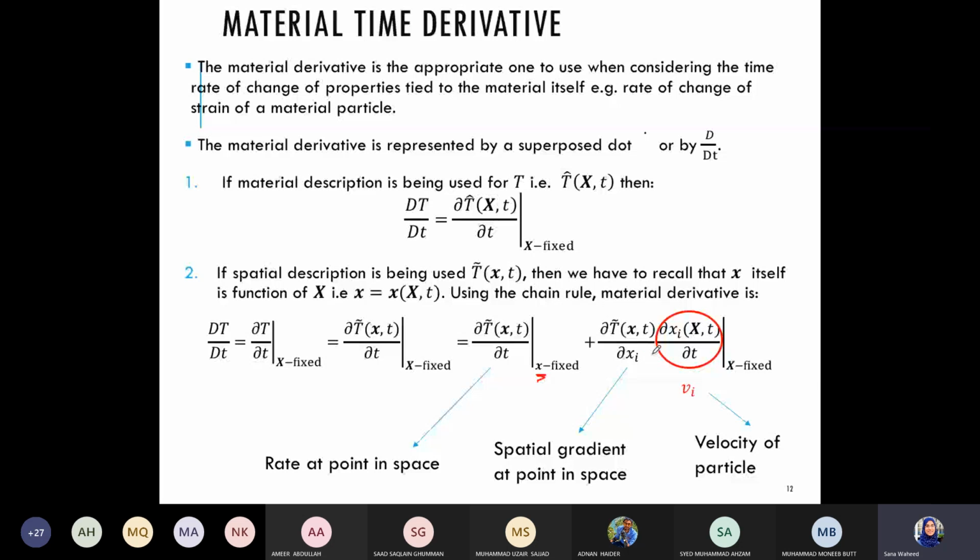So that, now let's look at the global picture again. What were we trying to find? I was trying to find the rate of change of temperature, and this is the important part, rate of change of temperature of a particle.